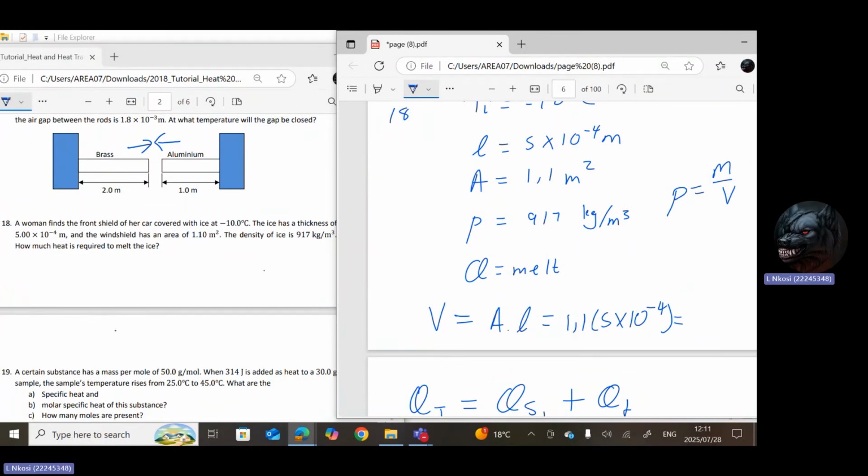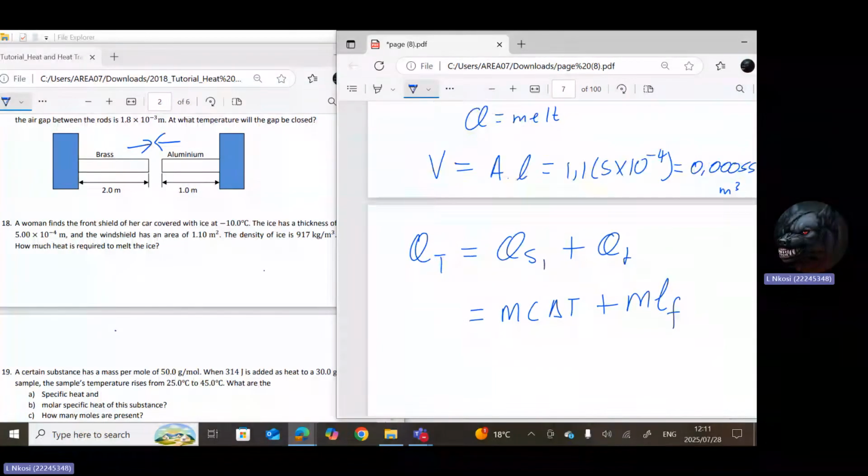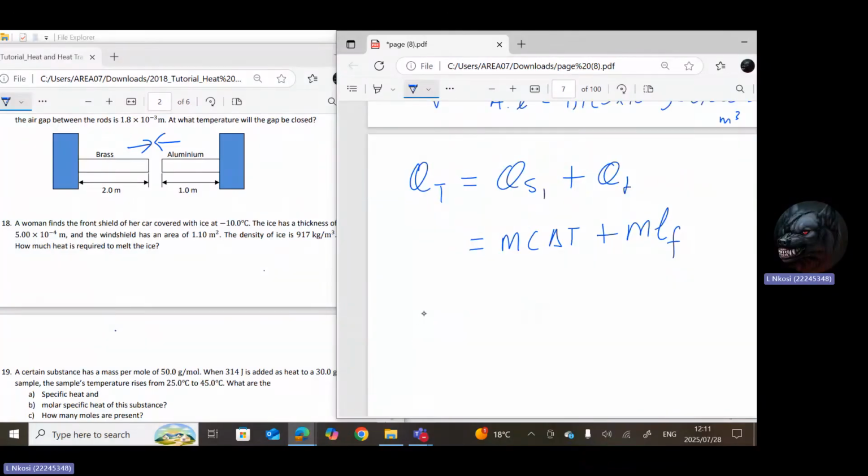So the volume is 1.1 times 5 times 10 to the minus 4. So this is like 0.00055 meter cubed. That's your volume. Then you say density is equal to mass over volume.